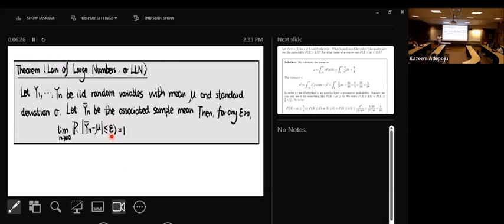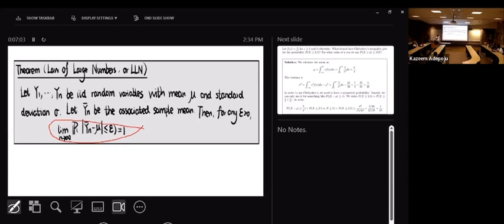Exactly. So which means the law of large numbers we did before, we only focused on the weak law. And what makes it a weak law, if you take a look at this mathematical expression, is that we're looking at the probability of the absolute difference between the sample mean and the population mean being within a certain margin of error, like epsilon.